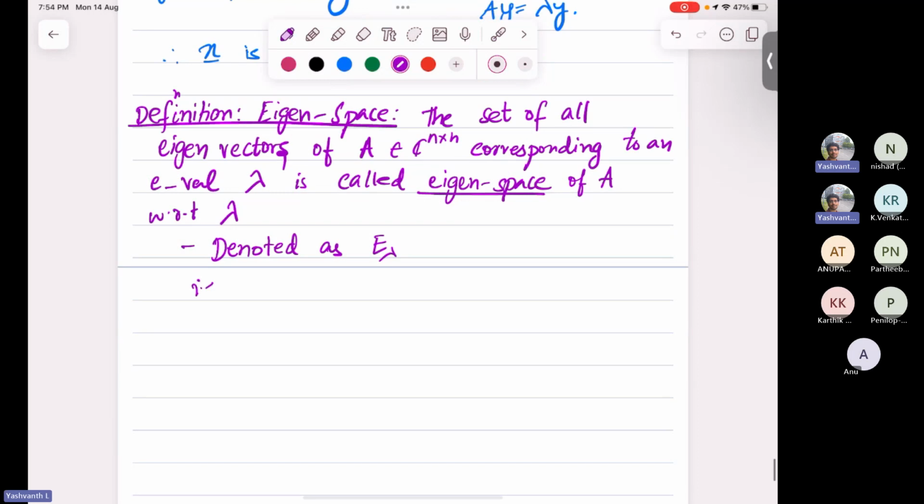It's the set of all non-zero vectors, since an eigenvector is a non-zero vector, such that Ax equal to lambda x.